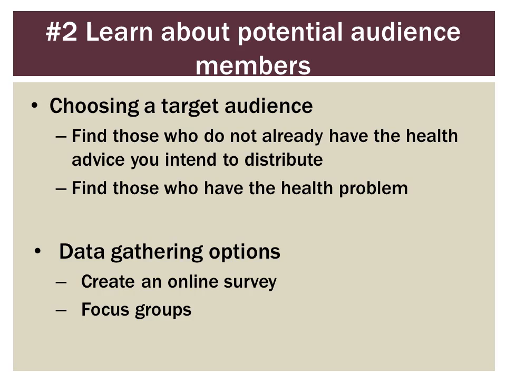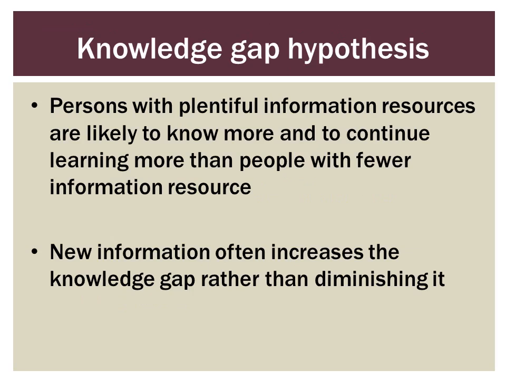So those are 2 good points for finding a target audience. And then in terms of your data gathering options, in order to find out more about the target audience, you can create an online survey or conduct a focus group depending on your organization.